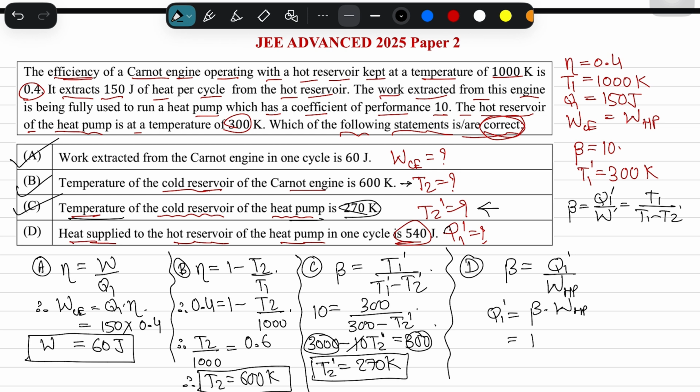Now beta value is 10, and the work extracted from the Carnot engine, which is fully used for the heat pump, is equal to 60. So taking 60, Q1 dash is equal to 600 joule. But here in option D, heat supplied to the hot reservoir of the heat pump, is it 560 joule? No. So option D is wrong. So A, B and C are the correct answers. Thank you.